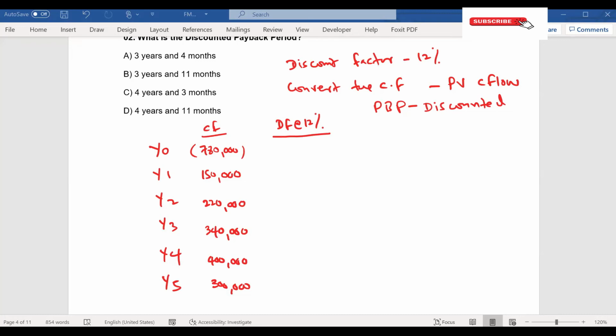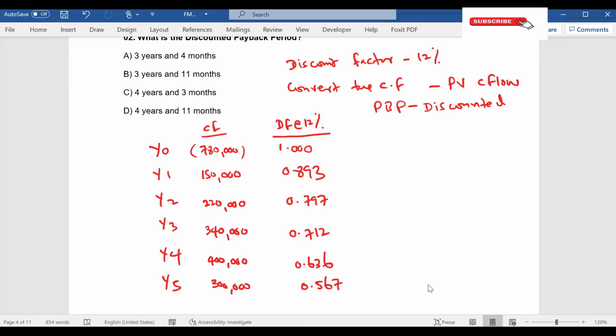Year 0 will be 1, year 1 will be 0.893, year 2 will be 0.797, then 0.712, 0.636, 0.567. So these are the discounting factors.